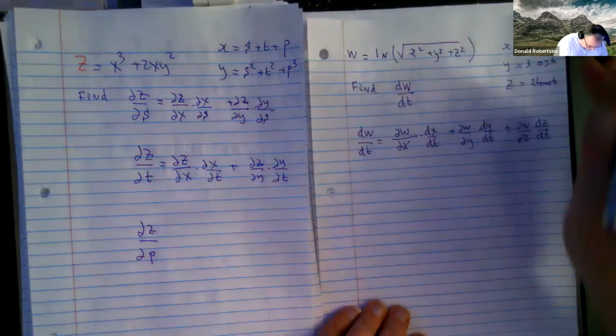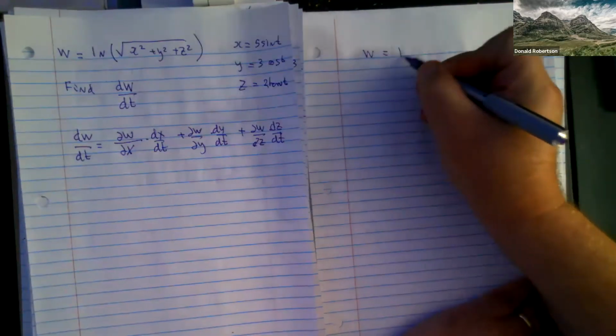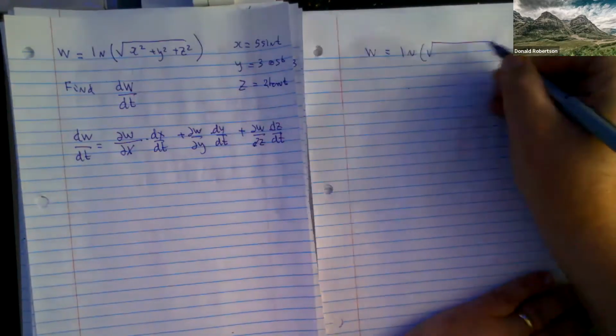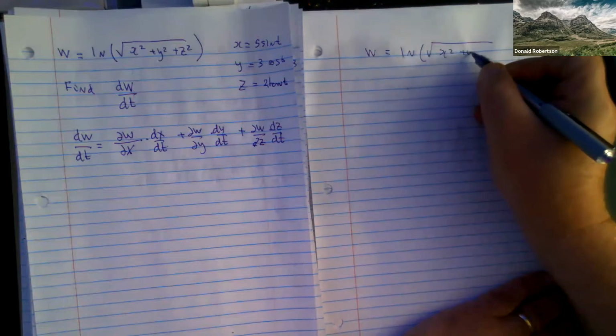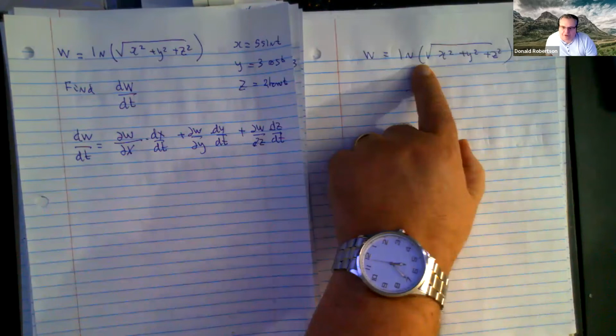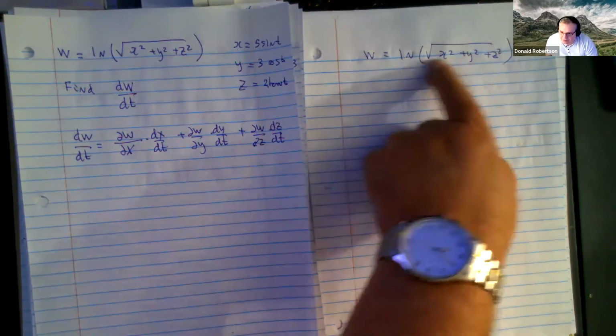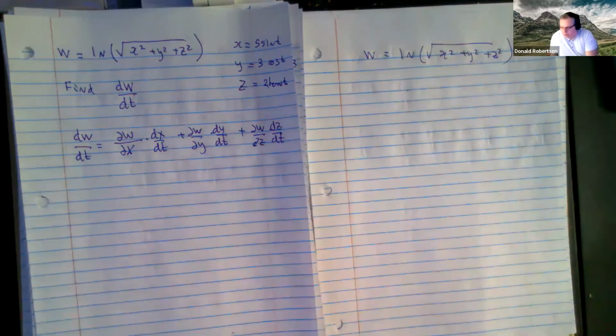Now, that guy that we're going to be differentiating, this w fella, there's a little algebra trick that you can use to make your life easier. If I try to do a partial derivative of this function with respect to x and I left it the way it is right now, you'd have a real hard problem because essentially it's a chain rule inside a chain rule inside a chain rule.